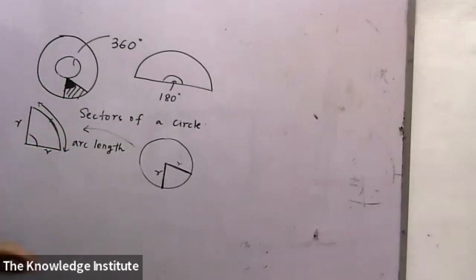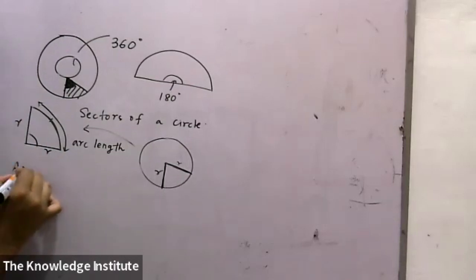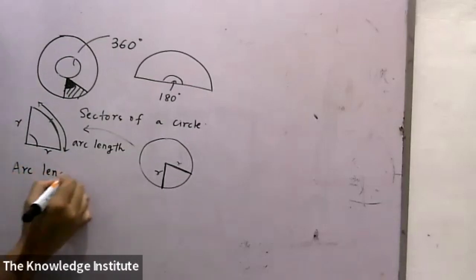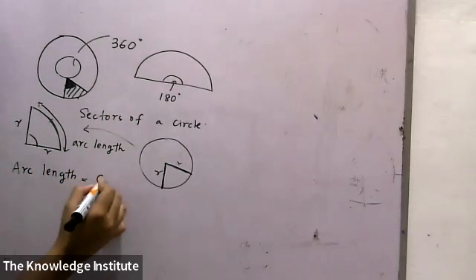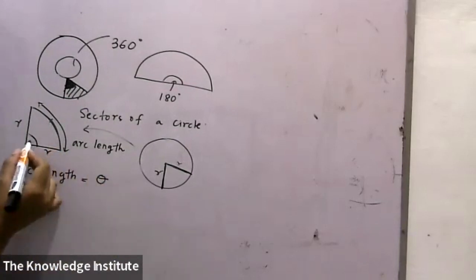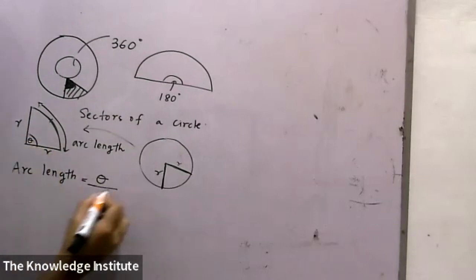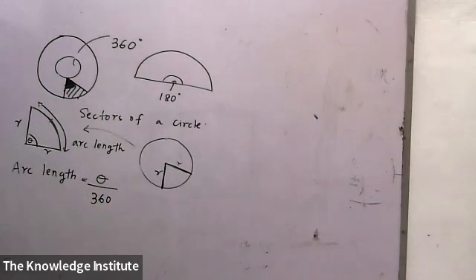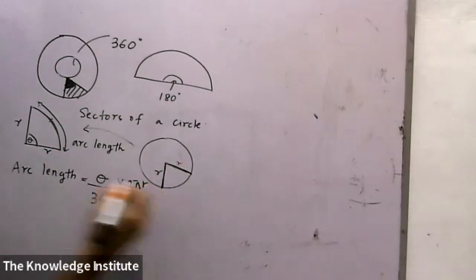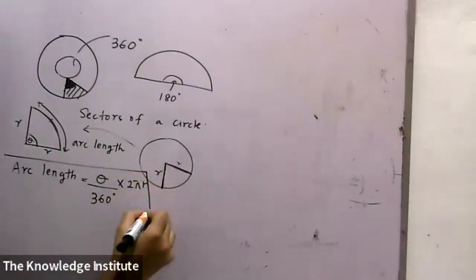Again, you have an equation. Arc length is equal to theta over 360, multiplied by 2 pi r, where theta means the relevant angle they have given here, a whole circle angle is 360 degrees, and the pi value will be 22 over 7.